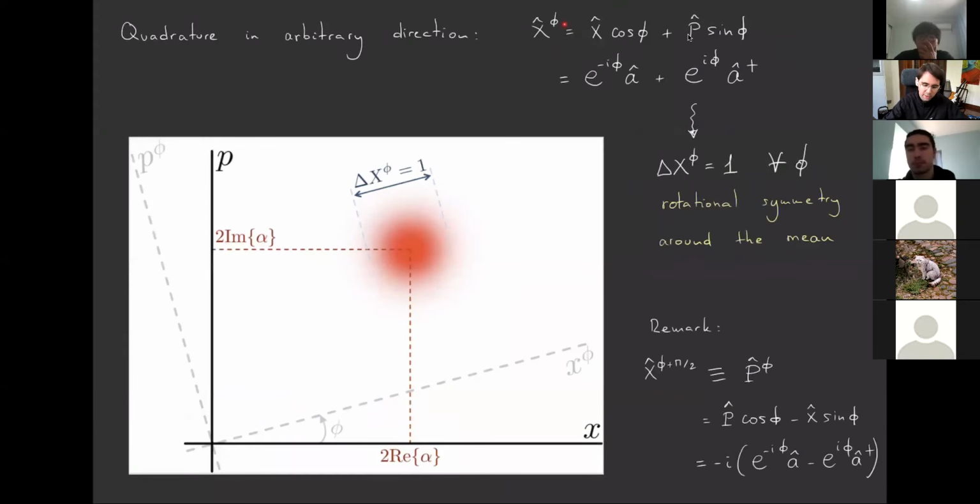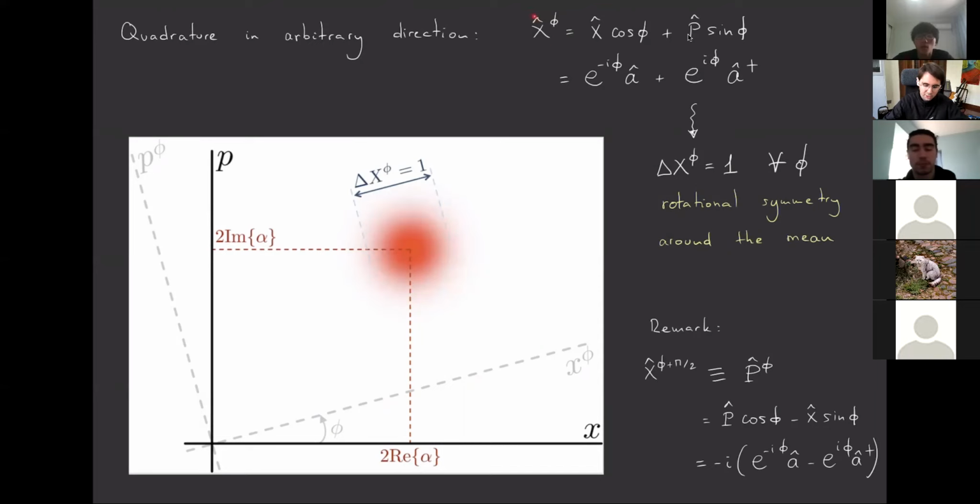Meaning that any quadrature that you define in any direction of phase space, for example, a rotation of phase space whose axes are rotated by an angle phi with respect to the original position and momentum, all of them have a variance equal to 1, and therefore the Wigner function is really like a circle, or like a circle of uncertainty.